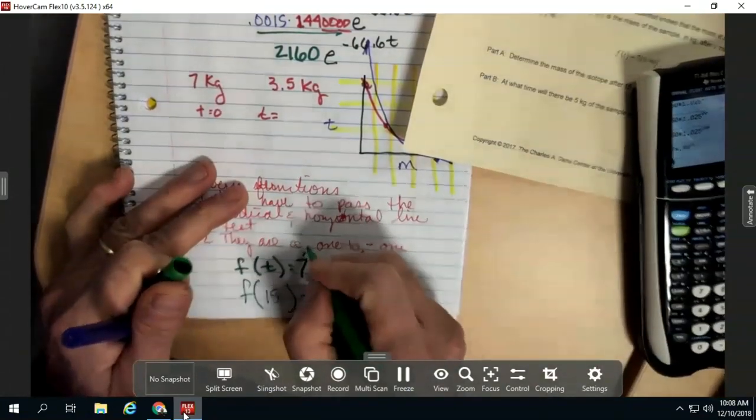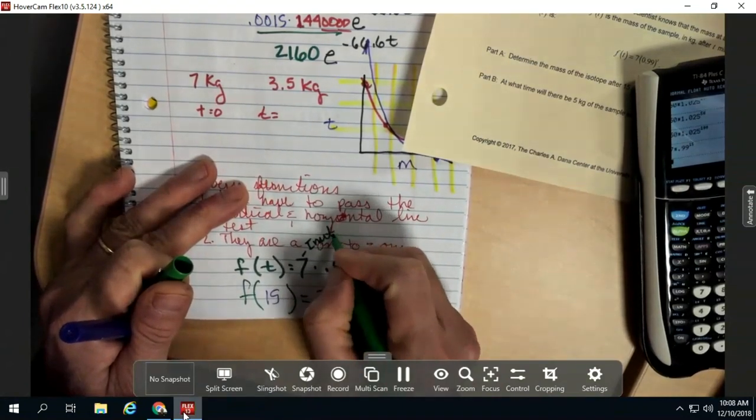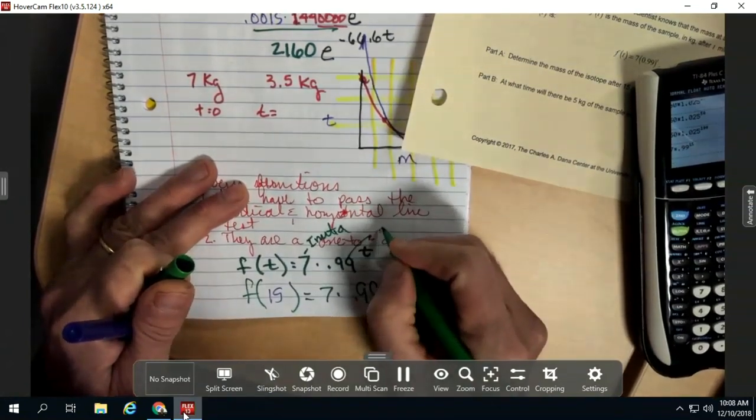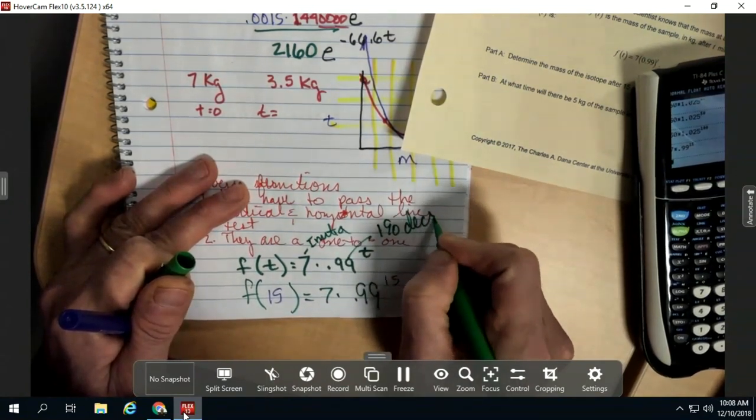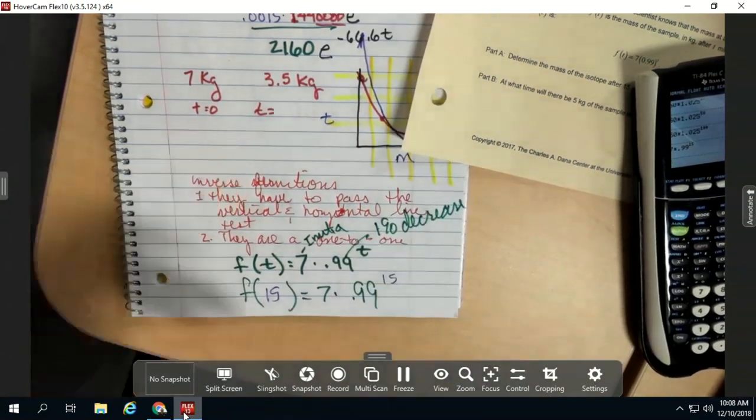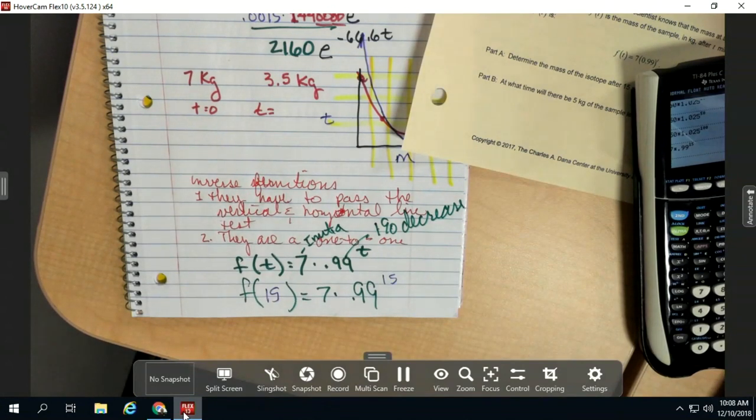Question number 1. We should go through what we know from this formula. This is the initial. This is a 1% decrease. How do we know it's a 1% decrease? Because you always start at 100%. How do you know it's a decrease? Because 99 is less than 100.